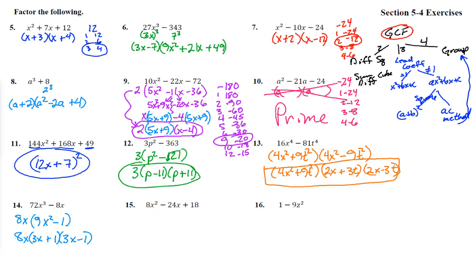Pull out the greatest common factor first. Between an 8, a 24, and an 18. Oh, I'd love to pull out an 8, but 18 doesn't have an 8 in it. 8 and 24, and then, oh shoot, that's got 2 times 9. So just a 2 comes out of there. So we're left with 4x squared minus 12x plus 9.